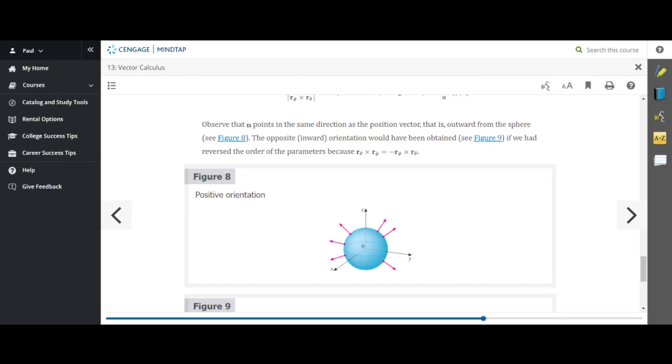Now, how are we going to compute surface integrals?